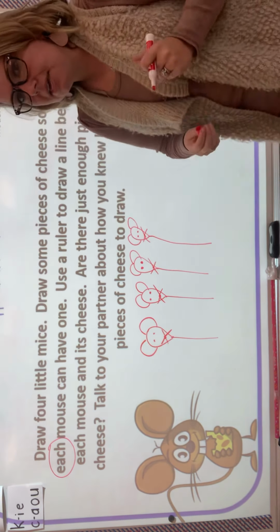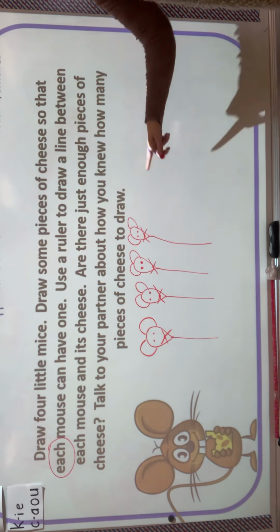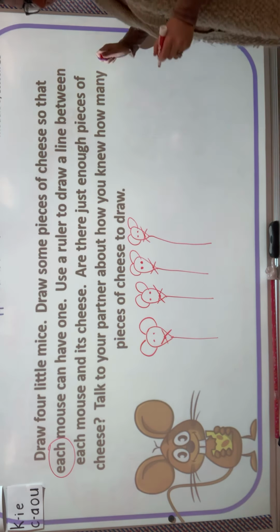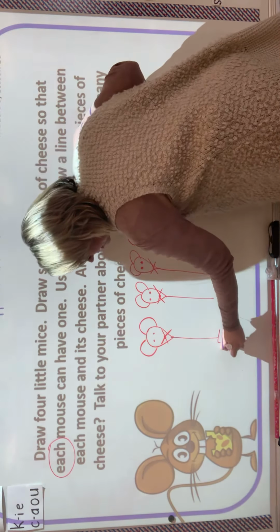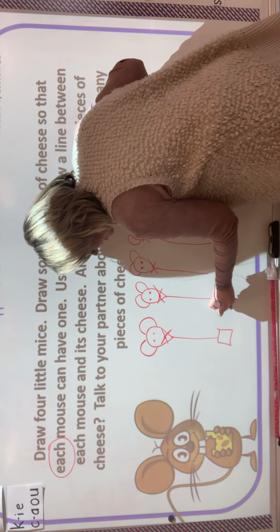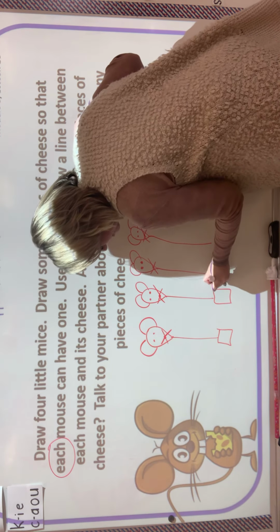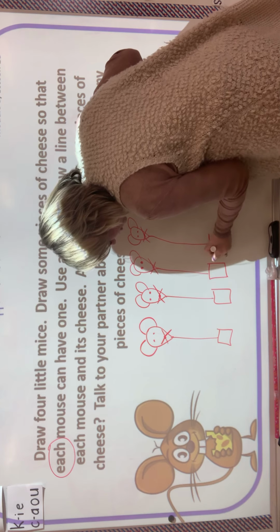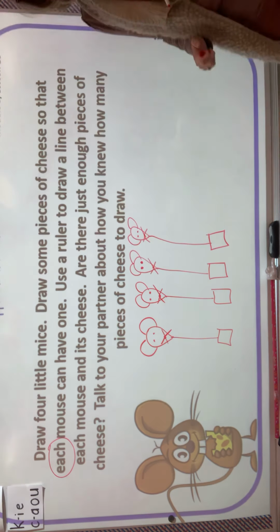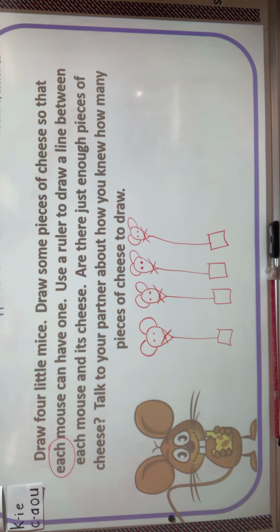That way, I make sure that each mouse has a piece of cheese. Because if each mouse needs a piece of cheese, I can go ahead and draw my lines and then put cheese at the end of each line.